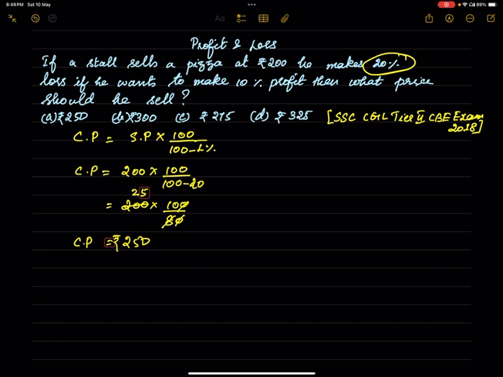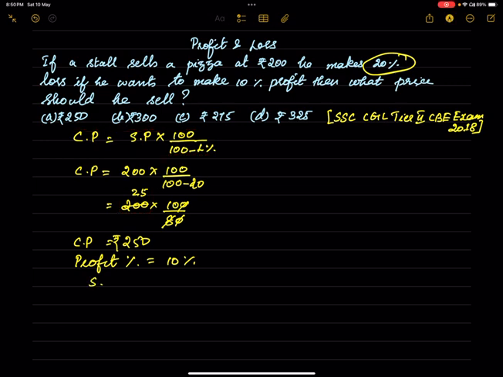We have to find out the selling price in the second transaction. He is making profit in the second transaction. So in the second transaction, profit percentage is equal to 10%. Here we know the cost price. Am I right?